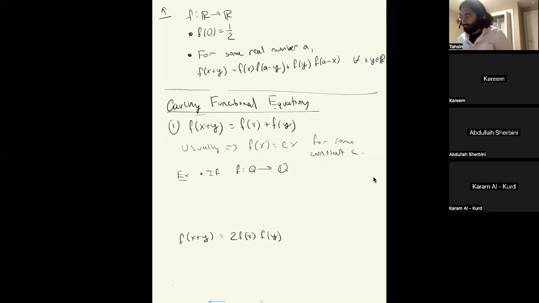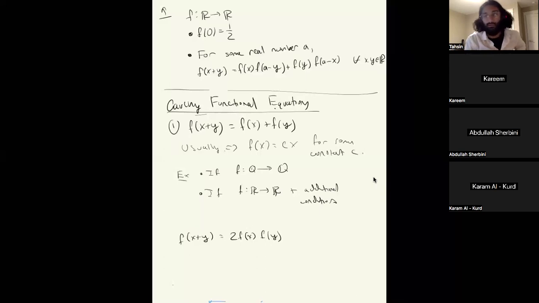Okay, so good. So maybe I'll just repeat what Kareem said, which is that when you have this Cauchy functional equation, if it's from Q to Q, then you can really conclude that f of x is linear. And if it's, say, from R to R, you need some additional conditions.